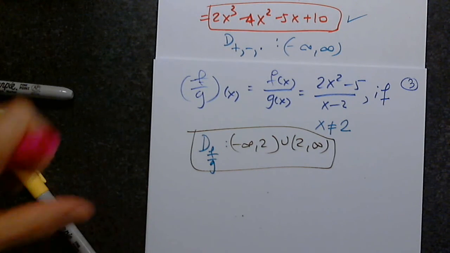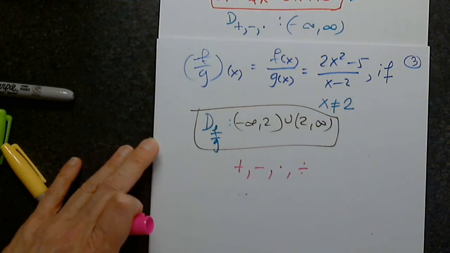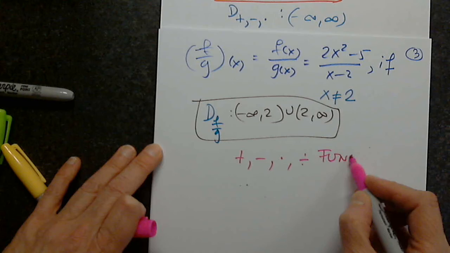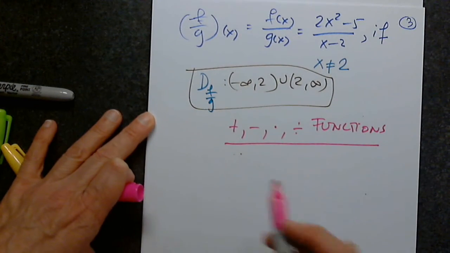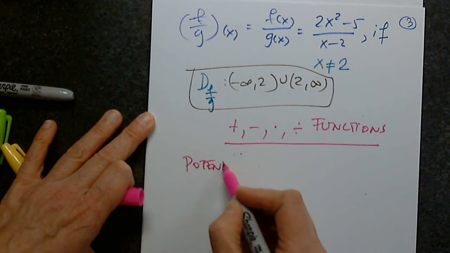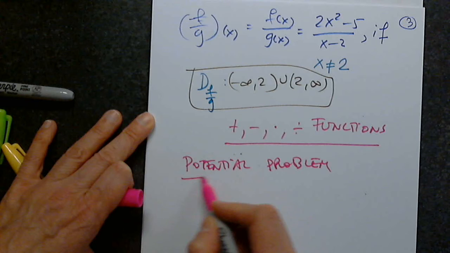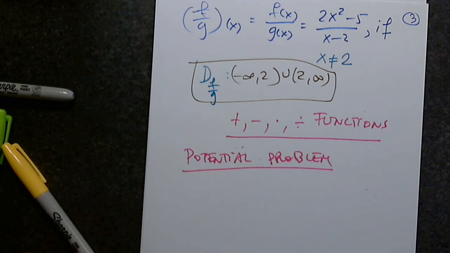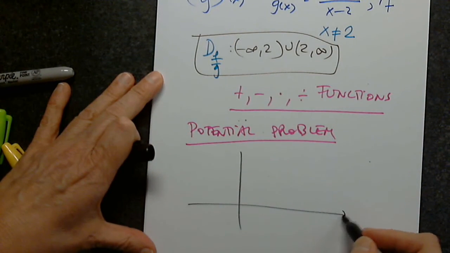Good. So every time I want to add, subtract, multiply, or divide functions, there is a potential problem. Well, let's see what the potential problem is. Let's graph two functions.